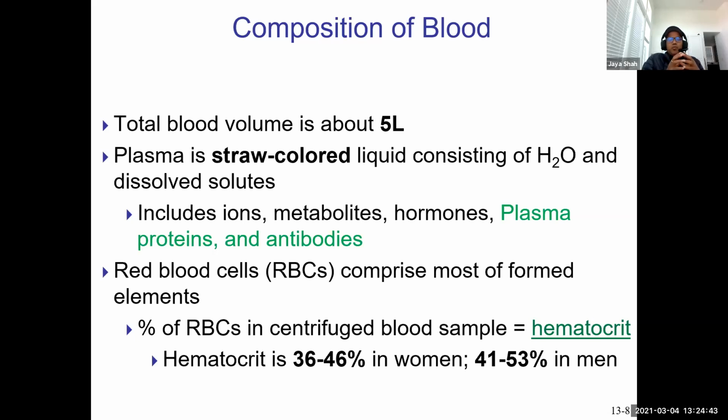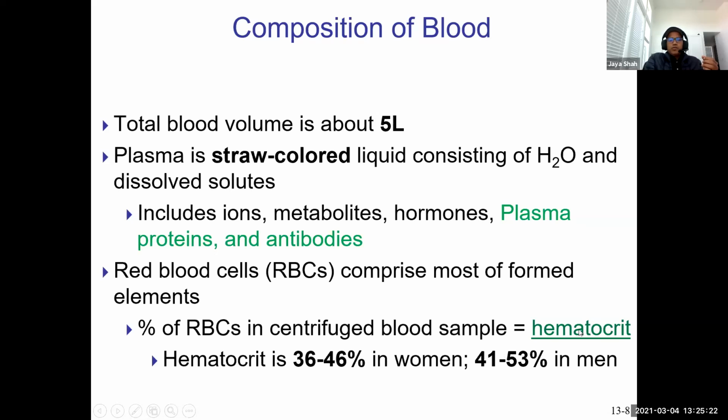Plasma proteins maintain the osmotic pressure of blood. Do you remember the osmosis lab? It is solid particles in a solution which create osmotic pressure. And in our blood, it is plasma protein which plays the major role in osmotic pressure, not the blood cells. Okay. So again here, red blood cells comprise most of the formed elements, which is around 36 to 46% in female and 41 to 53% in male.